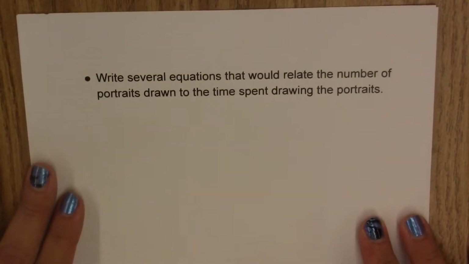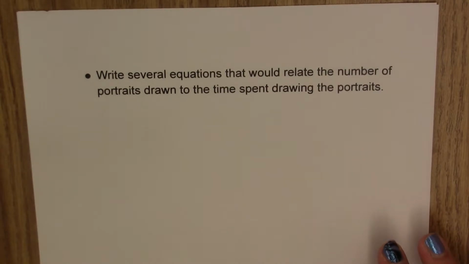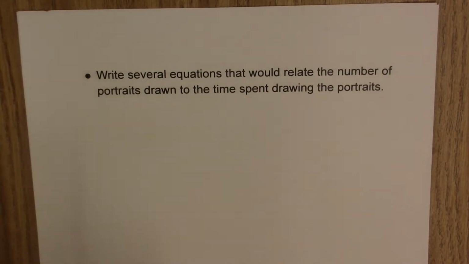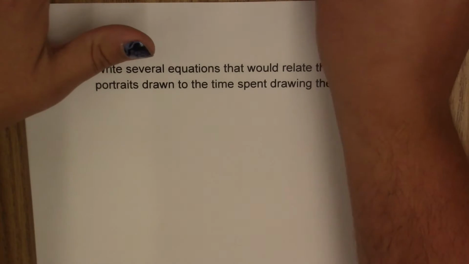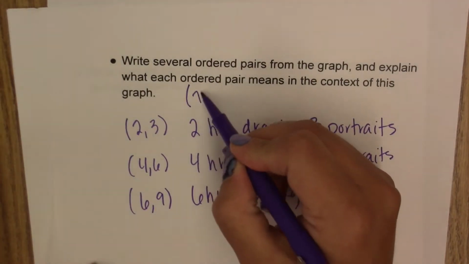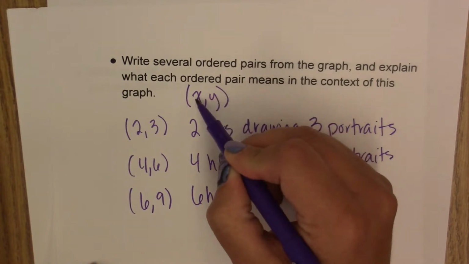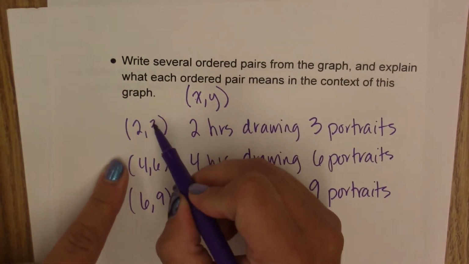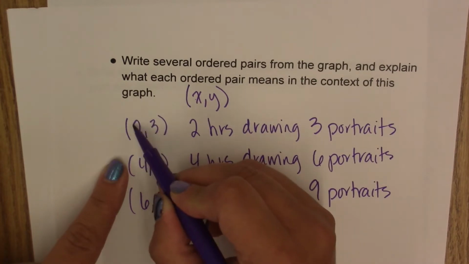All right, write several equations that would relate the number of portraits drawn to the time spent drawing the portraits. All right, so we're going to use our points here. Now we have to remember that when we write these points, it's the x variable to the y variable. We know we can find our constant of proportionality by taking the y divided by the x.